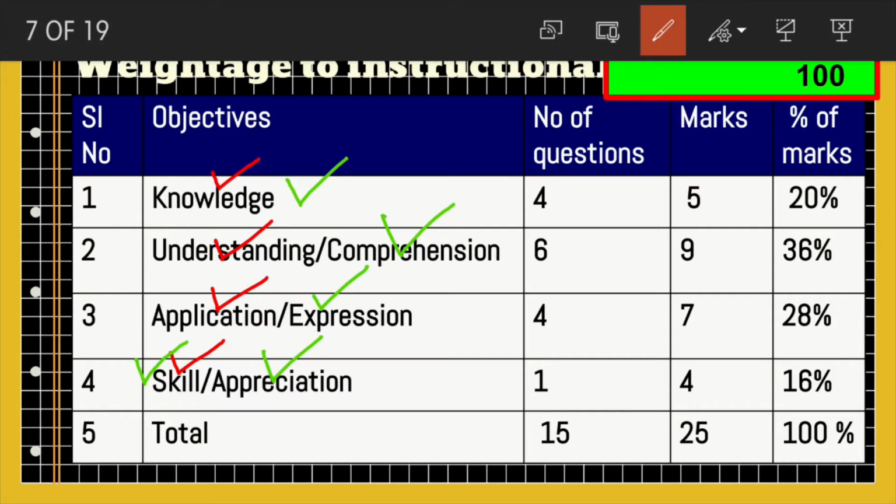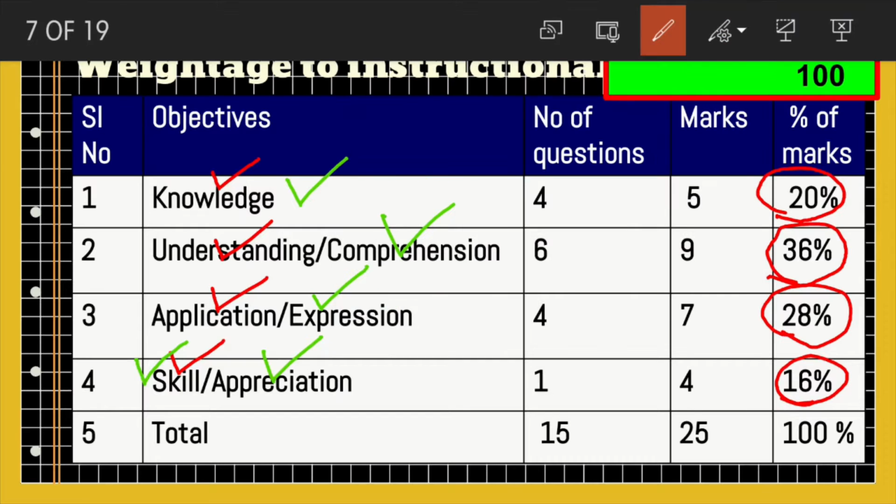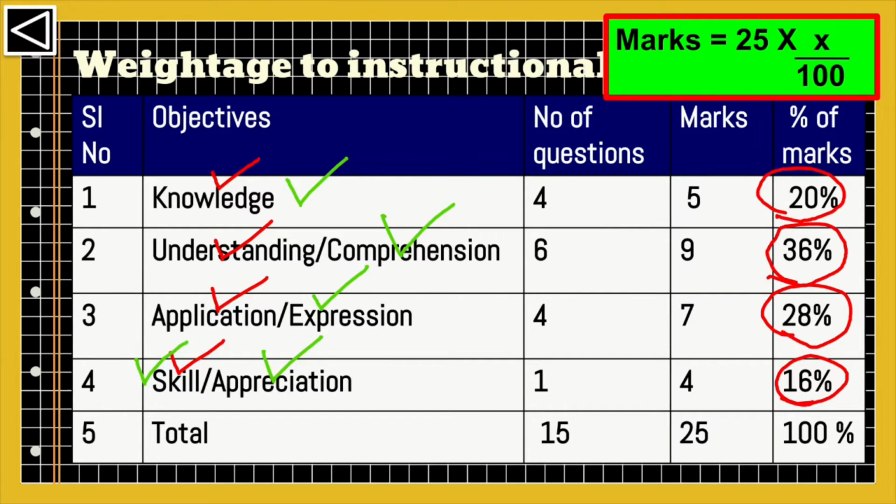Now, let us learn the same with an example. Here, this table indicates 20% weightage to knowledge, 36% to understanding, 28% application and 16% weightage to appreciation or skill development. Now, once percentage is decided, you can get to know the marks by multiplying the total marks of the test to the required percentage dividing by 100.